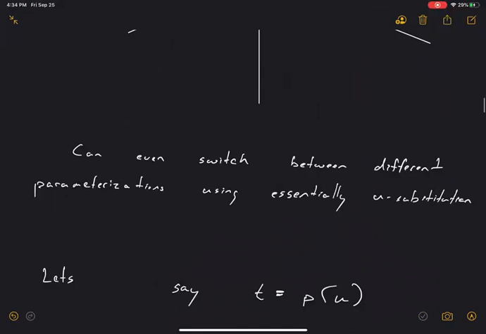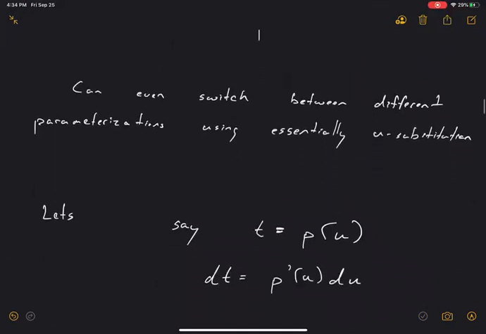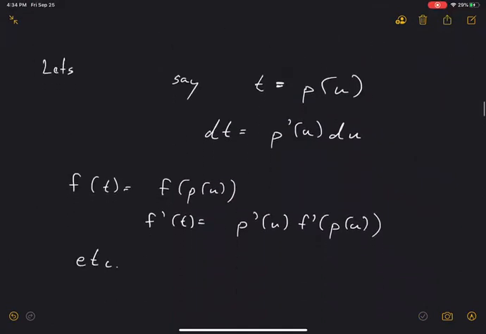And we can even switch between parameters using something that's pretty much like u substitution. We're going to see how we apply it in a few moments, so don't get too bogged down in this.